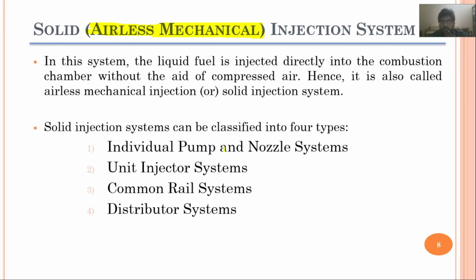These solid injection systems can be classified into 4 categories. The first one is individual pump and nozzle systems. Second is unit injector systems. Third is common rail system, and the fourth one is distributor system. I will explain these four configurations later in the class, or maybe in the next video tutorial.